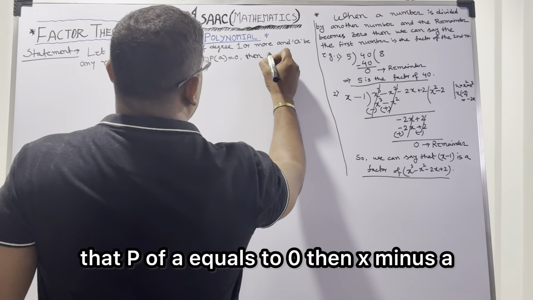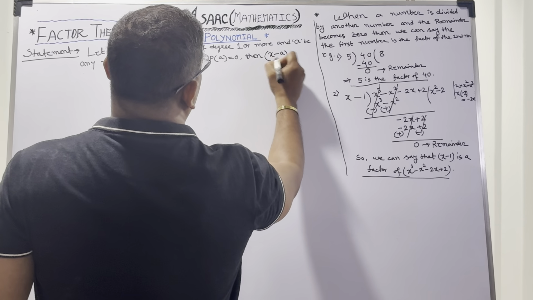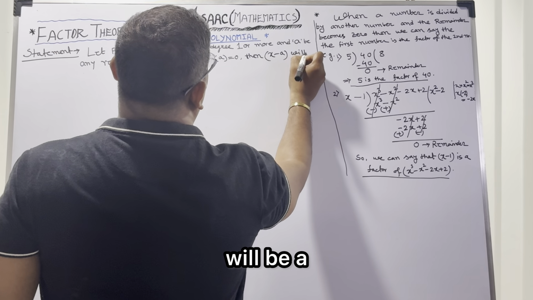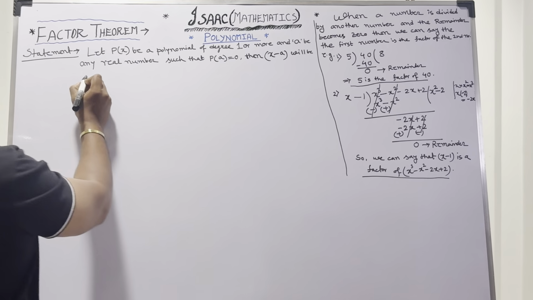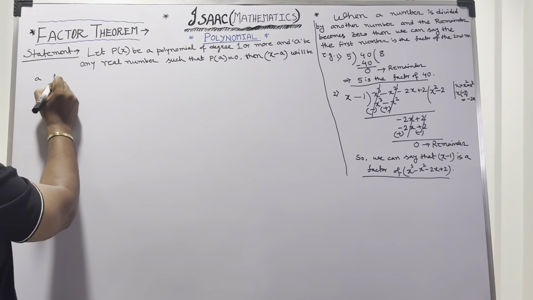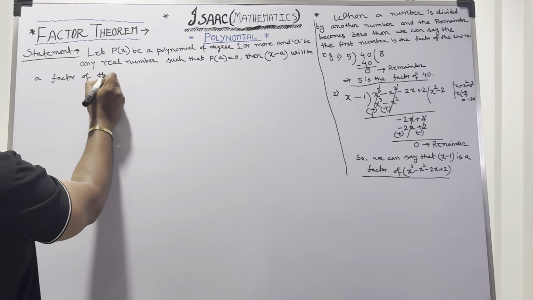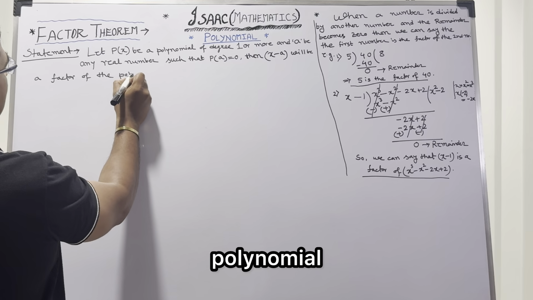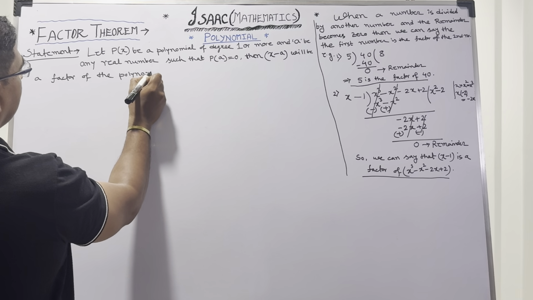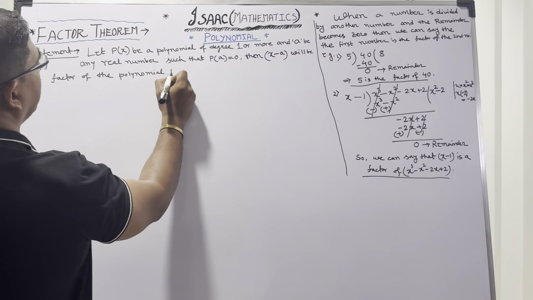Then x minus a will be a factor of the polynomial p of x.